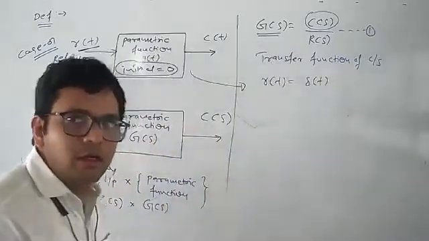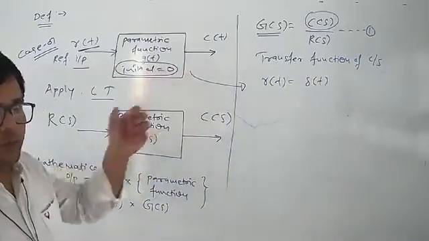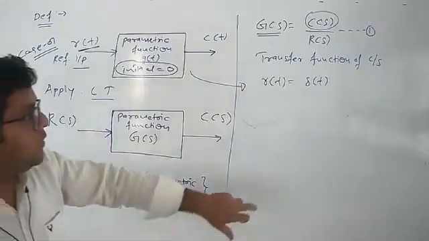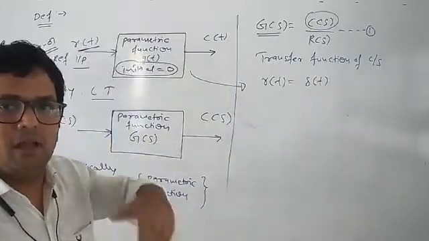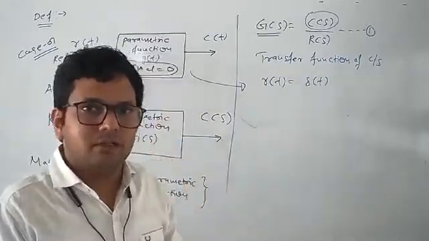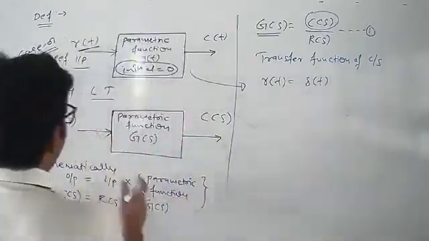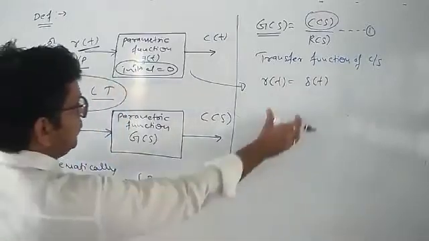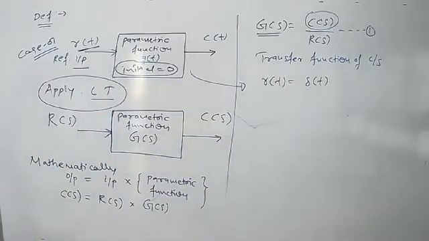तो हमने क्या assume किया कि ये जो particular system है इसको मैंने एक input apply किया, and the input is nothing but your impulse input which is applied in the form of excitation in order to understand the behavior of that particular system. Now if you apply the concept of Laplace transform to this particular topology, what are we going to get?